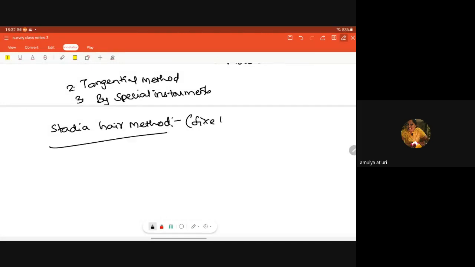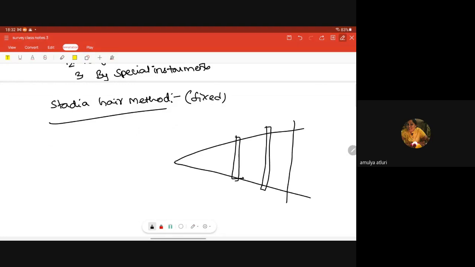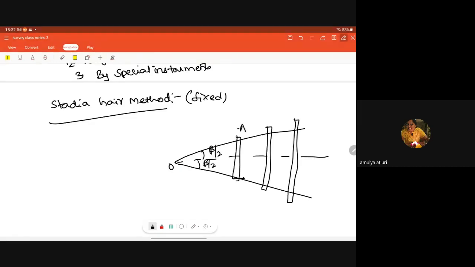Let us consider the fixed one first. So let it be beta by 2, this angle. A2, B2, A1, B1, A, B. So this is C2, C1, C. Okay.